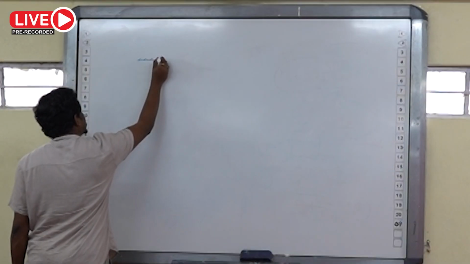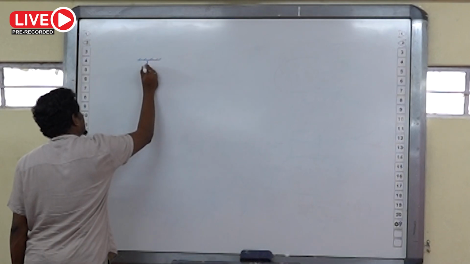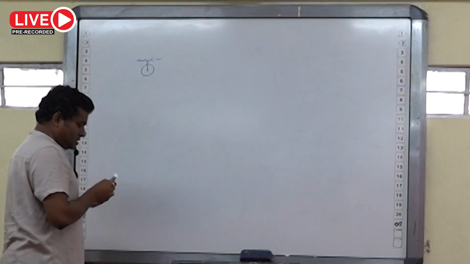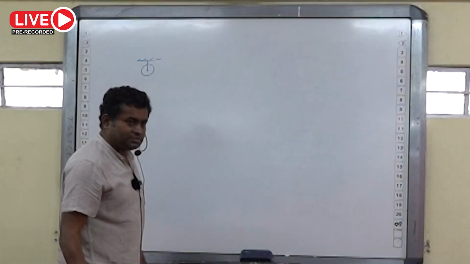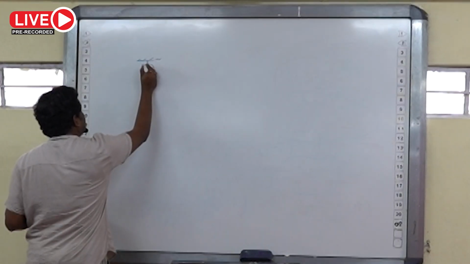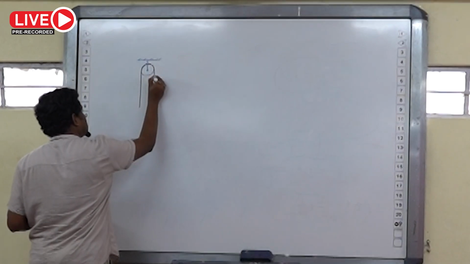This is the ceiling from which there is a rod connected with a fixed pulley wheel. An inextensible string is passing over this pulley wheel like this.